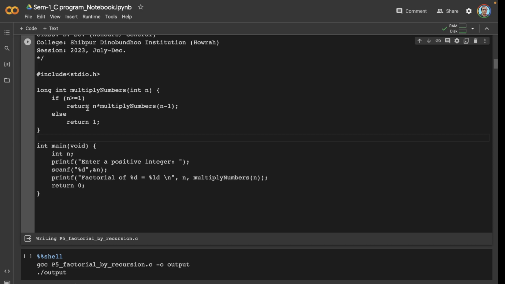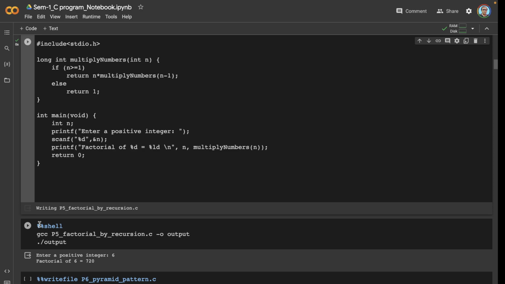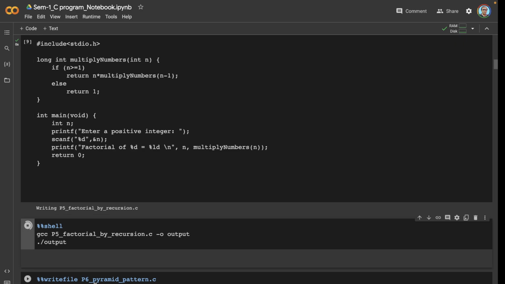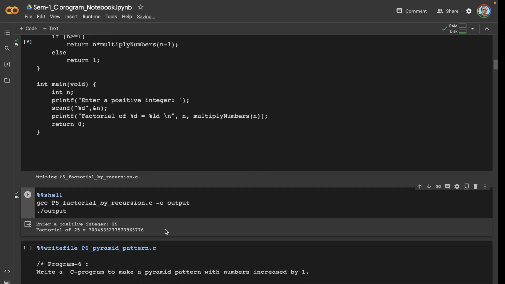If n greater than equal to 1, return n star multiply numbers n minus 1, else return 1. Enter the positive integer n, and this n is percentage d, integer type, factorial is multiply numbers, calling this recursion function and returning this. Enter a positive integer, suppose 25. So factorial of 25 is this.